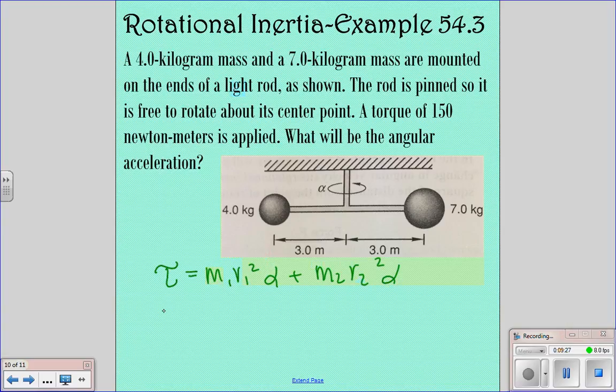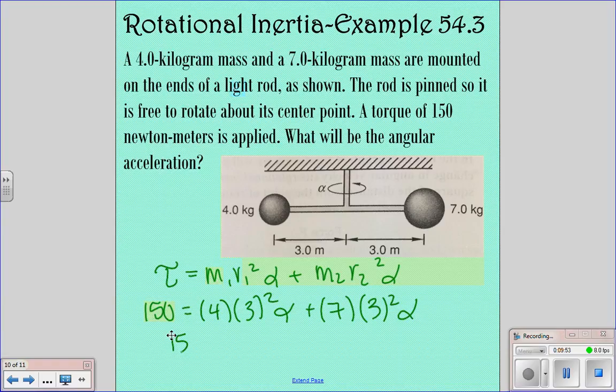They tell us the total torque is 150. The M1 is 4. And the radius from the center is 3 for it. And we are looking for the angular acceleration. And then for the other one, the M2 is 7. The radius for it is 3 as well. And then we're looking for the angular acceleration.